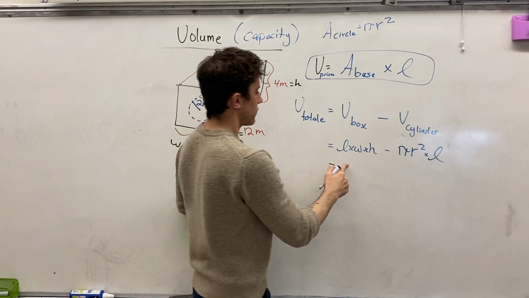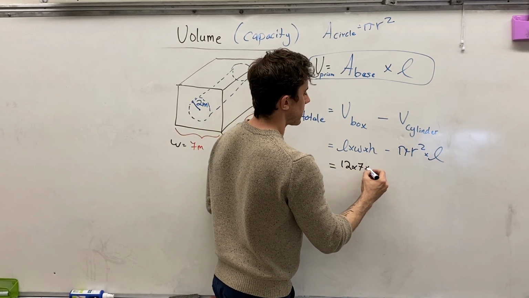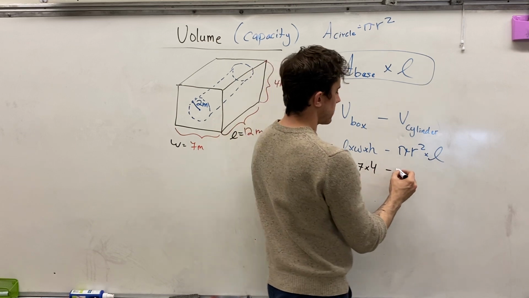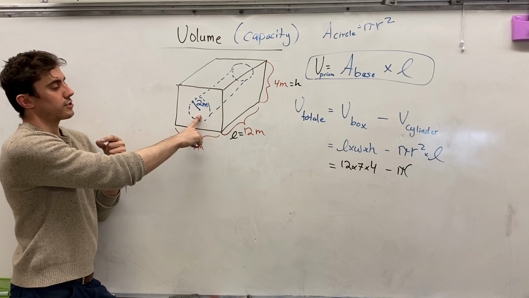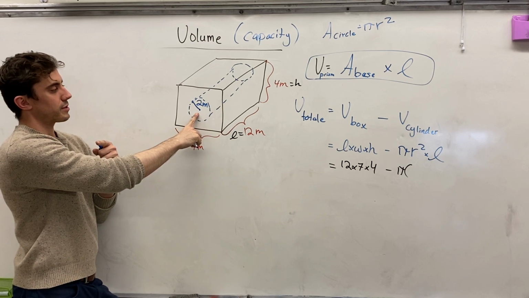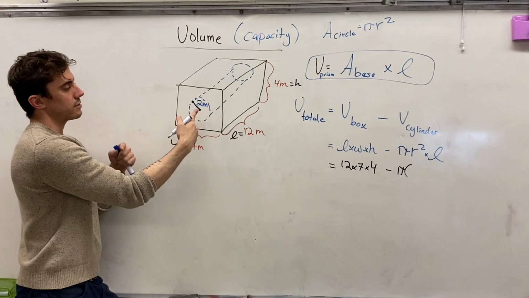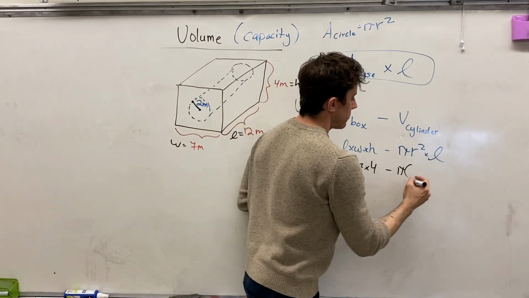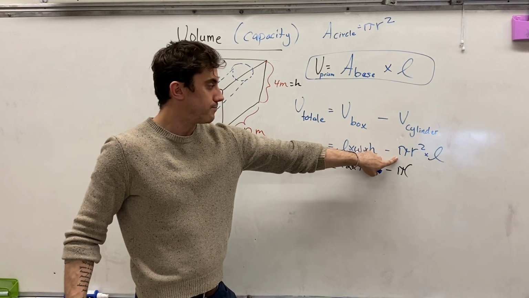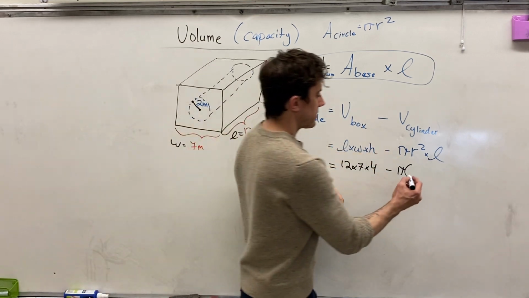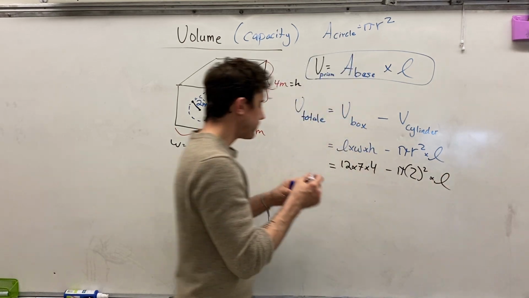In that sense, we have a length of 12 times a width of 7 times a height of 4, minus pi times our cylinder, which has a base circle with a radius of 2. Radius is the distance from the center to the edge of the circle, and so our radius is 2. Our cylinder has an area of pi r squared for the base, so pi times 2 squared, and then times its length for its volume.